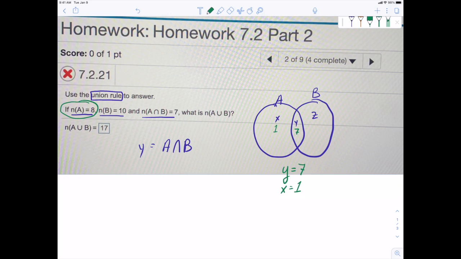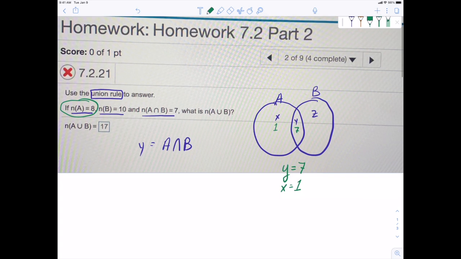And so similarly, if B has 10 things in it and it shares 7 with A, then B must have 3 things that it doesn't share with A. So Z equals 3. Another way to look at it, really algebraically, is X plus Y, which is A, equals 8.